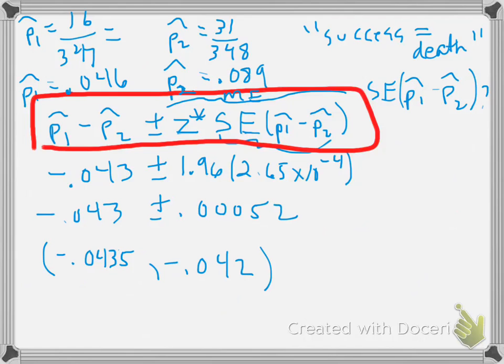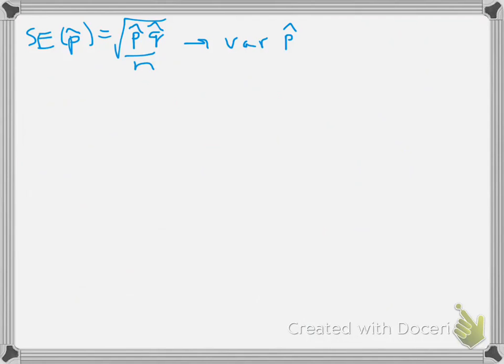So I'm going to go a couple screens back and do this on the next screen over there. So we remember the standard error for a proportion is the square root of p hat q hat over n. But we're going to have to do the variance of it. And you're saying, why do the variance of p hat? Well, remember when you have two random variables, variances add.